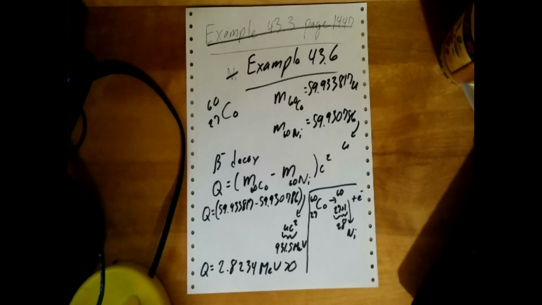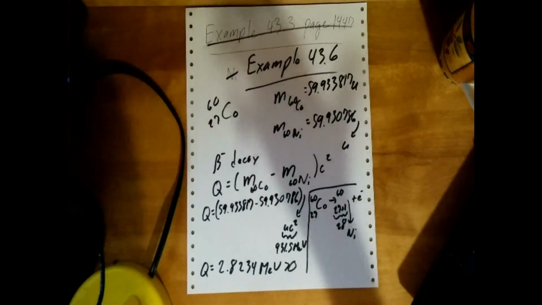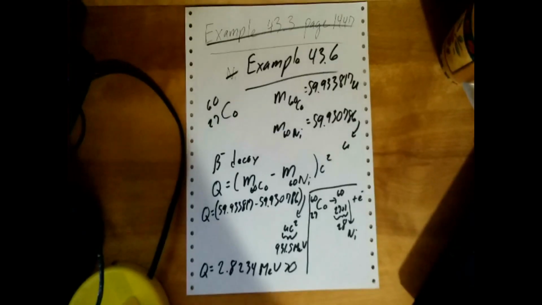Since mass is a form of energy, if we only consider mass, at the end we would have a smaller amount of energy than what we started with. So to compensate, some additional energy is produced at the end, so that the energy at the beginning is equal to the energy at the end. It is exothermic.